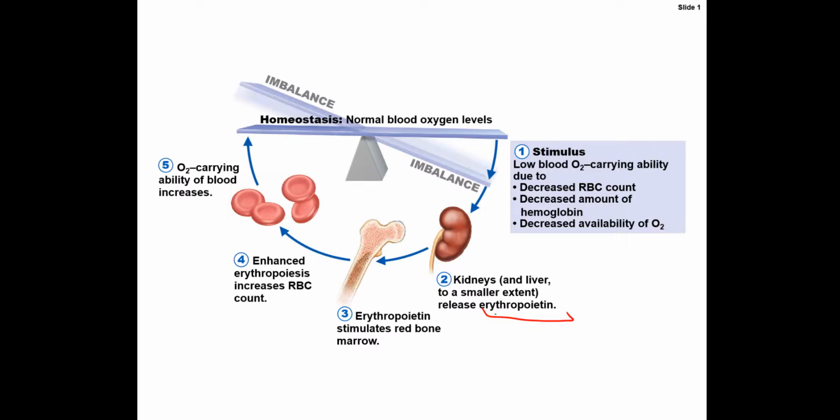So erythropoietin hormone gets released from your kidneys, and your liver to a lesser extent, as it says here. And what this does is it tells the target cells in your red bone marrow to start dividing. So start making those myeloid cells, and then start creating some reticulocytes that become erythrocytes, right?